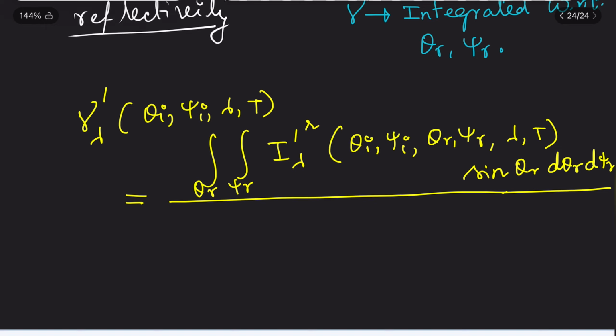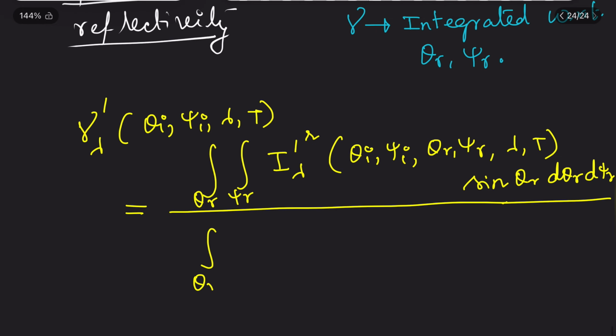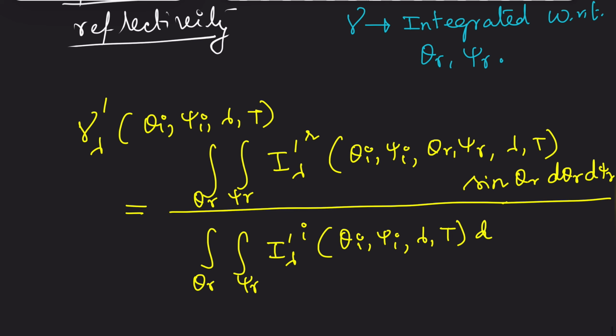So then it will be theta r psi r I lambda, I theta I psi I lambda t comma, again sin theta r d theta r d psi r.